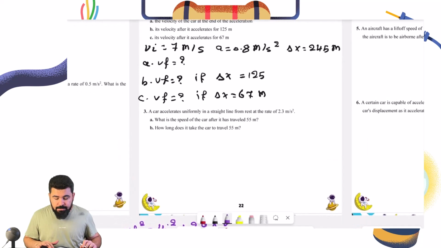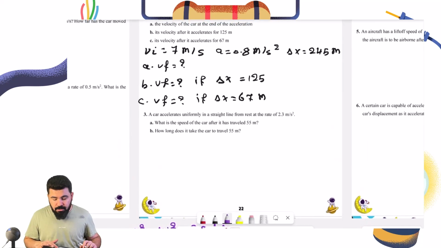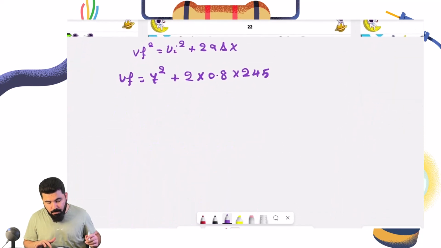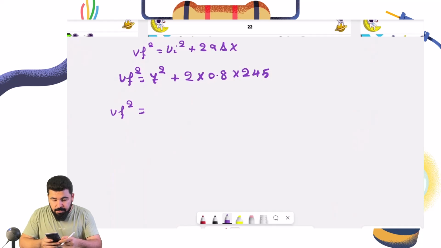Okay, it says the velocity of the car at the end of the acceleration. Okay, this is V final squared. So V final squared is equal to what? Let's calculate this. 7 multiplied by 7 is 49. So 49 plus 2 times 0.8 times 245.